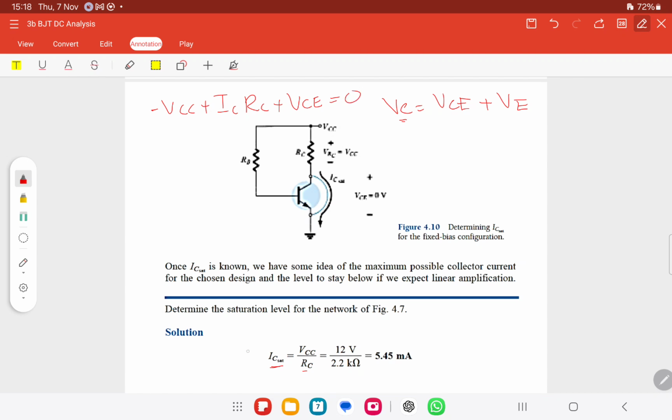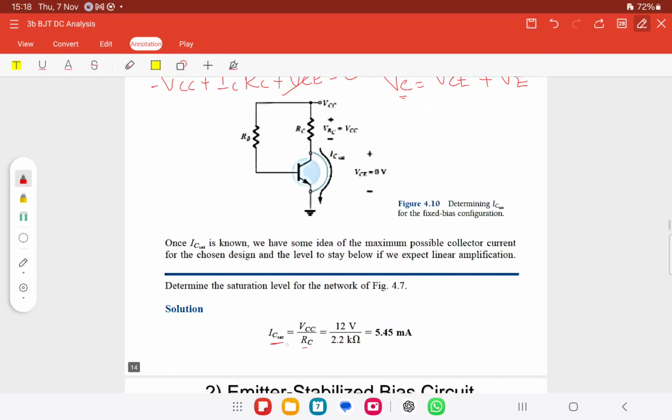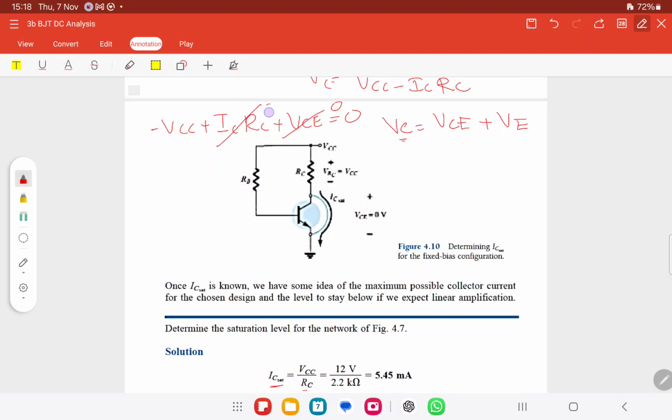Tapi since kalau dia kata find IC saturation, you terus tahu this is 0. Kan? Add saturation, tetap kena buat KVL dulu. Alright? Tu yang boleh dapat this one. Kalau dia nak add cut off, then this one pula 0. Dia ada two conditions lah, cut off and saturation.